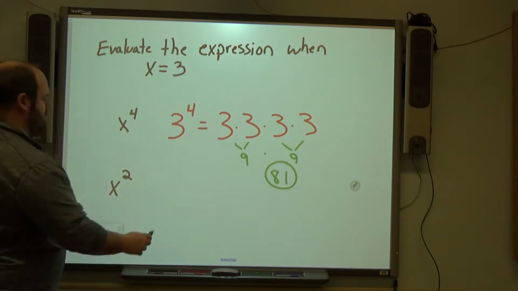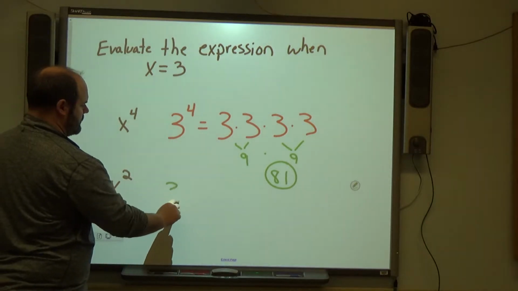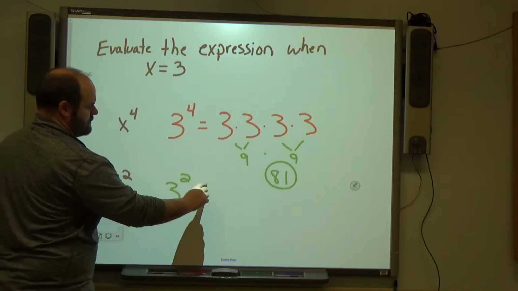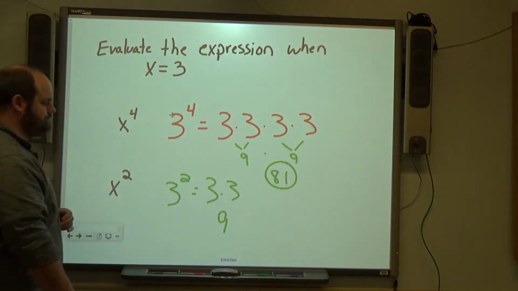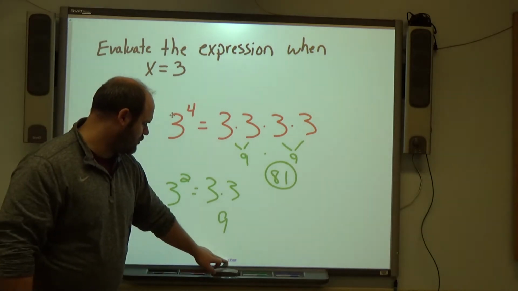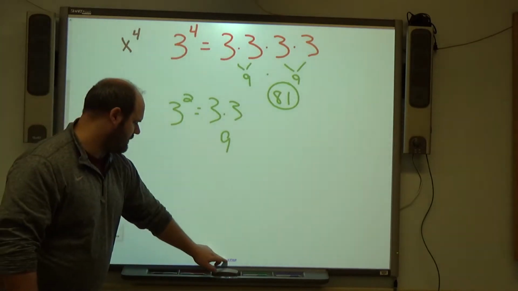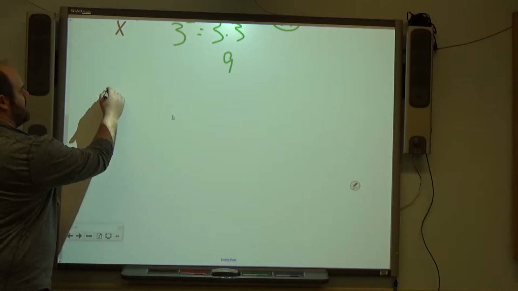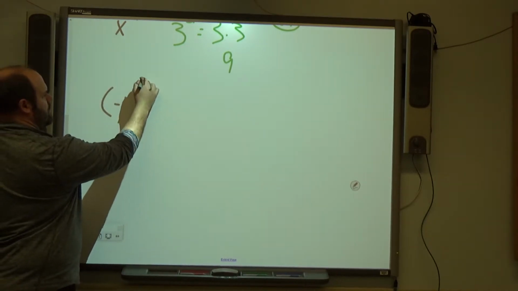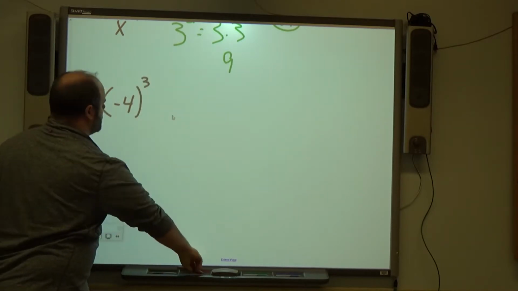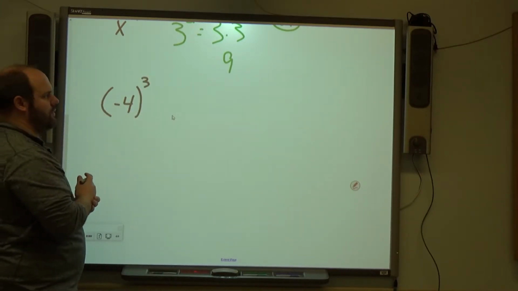This one down here is 3 squared, okay, which is 3 times 3, which is 9. The only thing I would like to show you on this is if we had a negative number, say it was to the 3rd power, we do have to take the negative with that number.